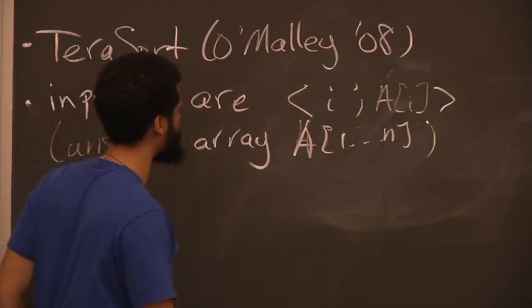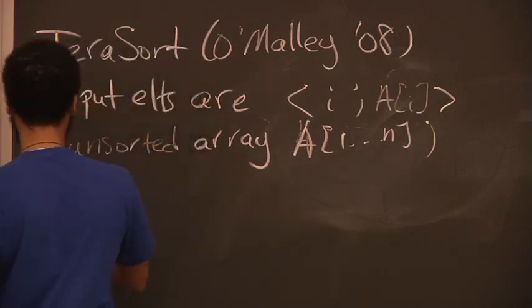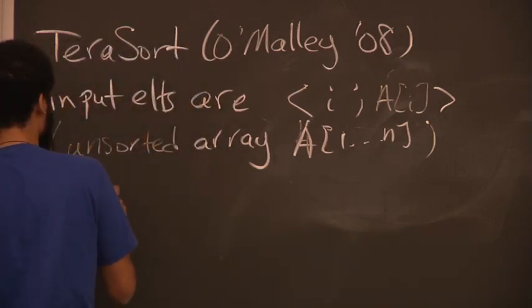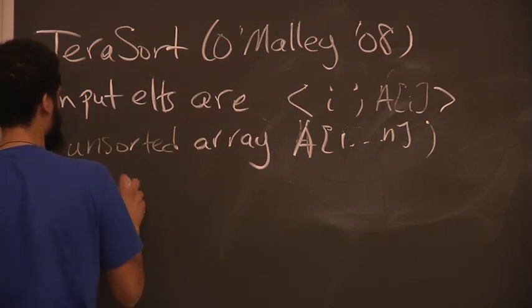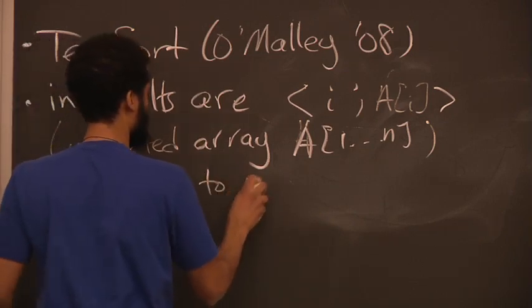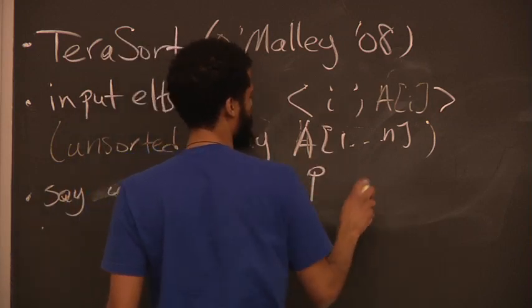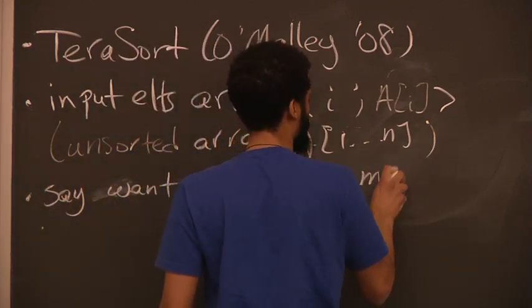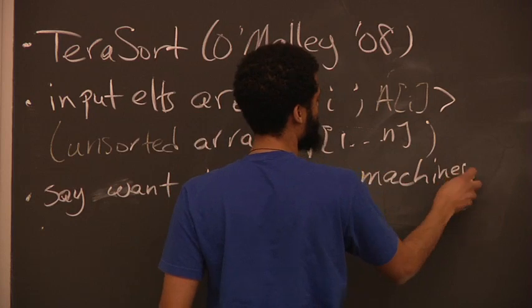The basic idea is, say we want to use P machines in parallel.